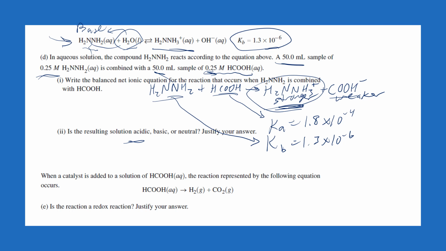So the best explanation for that, we'll talk about the strength of the conjugates, not the strength of the original acid and base. You're looking at the conjugates because they've completely reacted. So you don't have any of the original stuff anymore. You just have the conjugates.